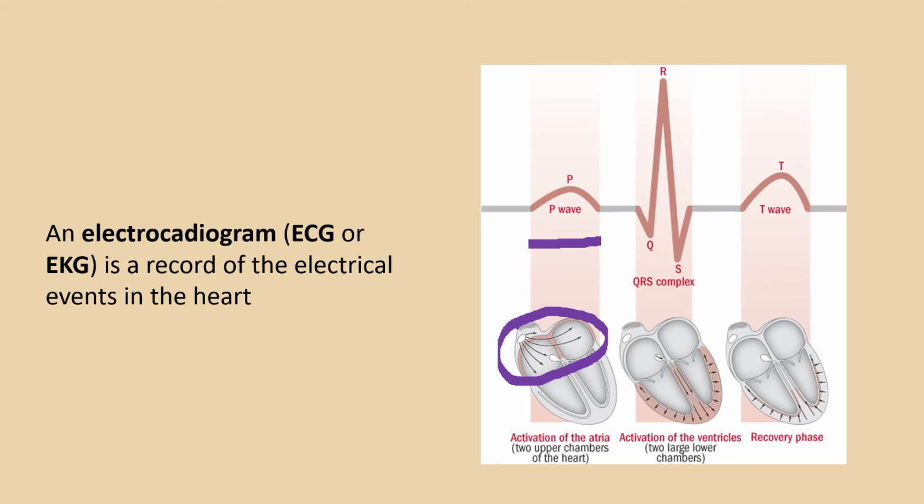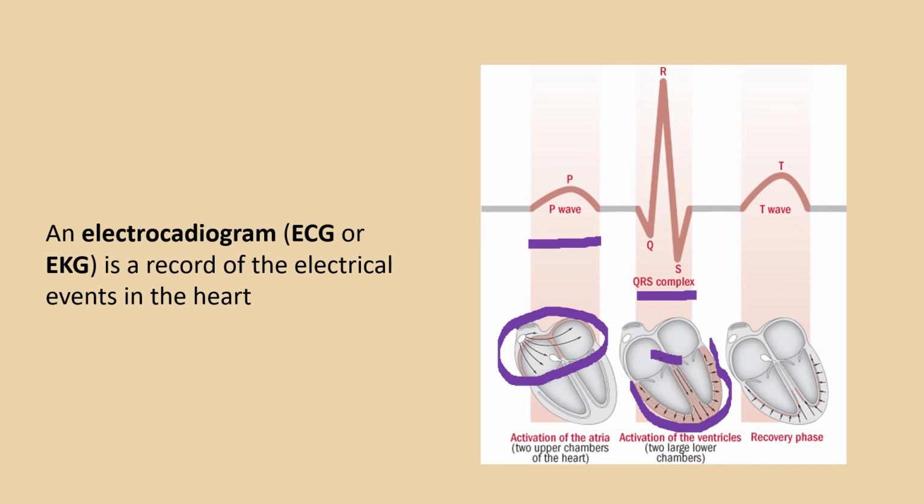Next, we have the electrical impulse being transmitted from the atria into the ventricles, and then the ventricles are going to depolarize. And depolarization of the ventricles gives us this much larger event, the QRS complex. On the ECG recording, the magnitude of deviation from the isoelectric line represents the overall quantity of muscle cells that are depolarizing.